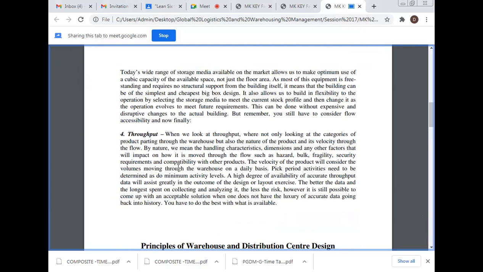The velocity of the product will consider the volumes moving through the warehouse on a daily basis. Peak period activity needs to be determined as well as minimum activity levels. A high degree of availability of accurate throughput data will assist greatly in the outcome of the design or layout exercise.